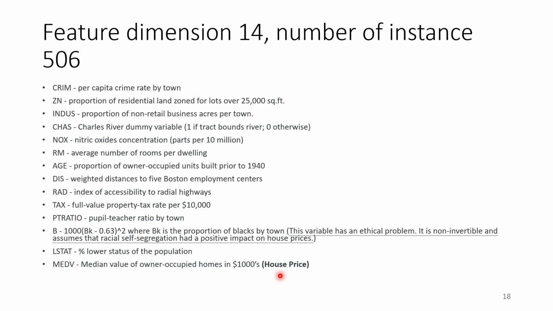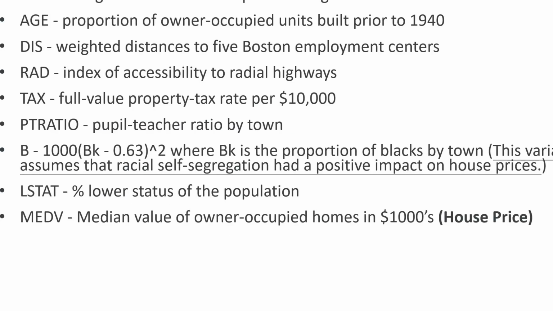However, the dataset has an ethical problem, because the researchers who composed this dataset created a feature called B. B is defined as 1,000 times of (Bk minus a constant) squared, and Bk is the proportion of Black residents by town.